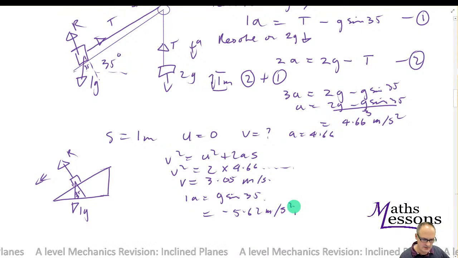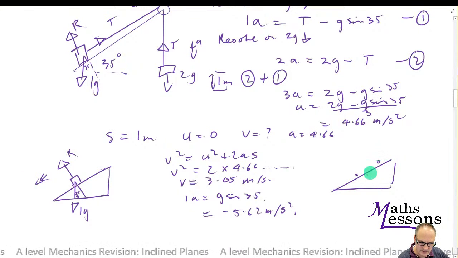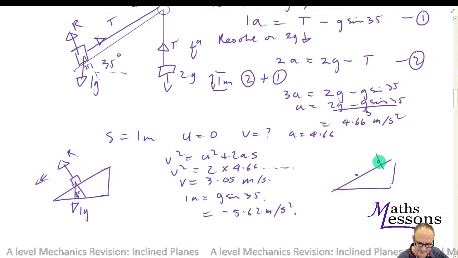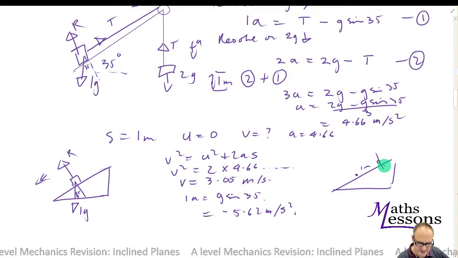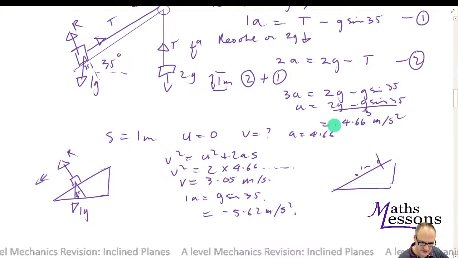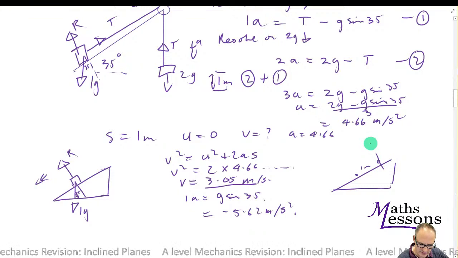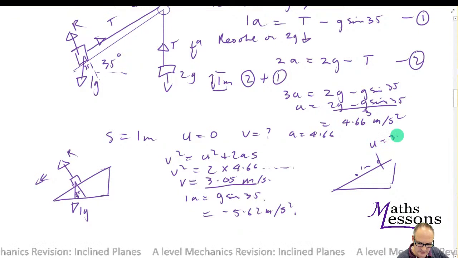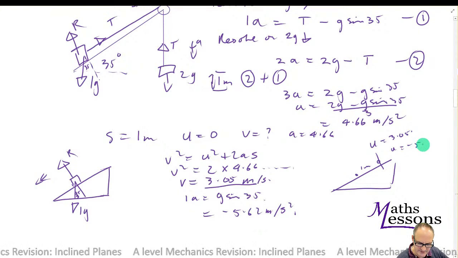Now, at this point, after it's travelled 1 meter, it has the velocity I found here. So we've got u equal to 3.05 and a equal to minus 5.62.